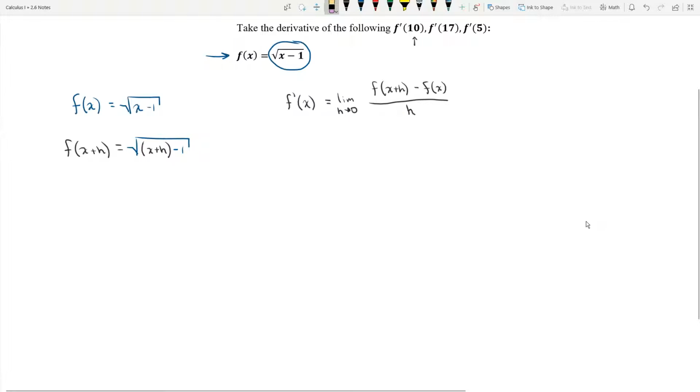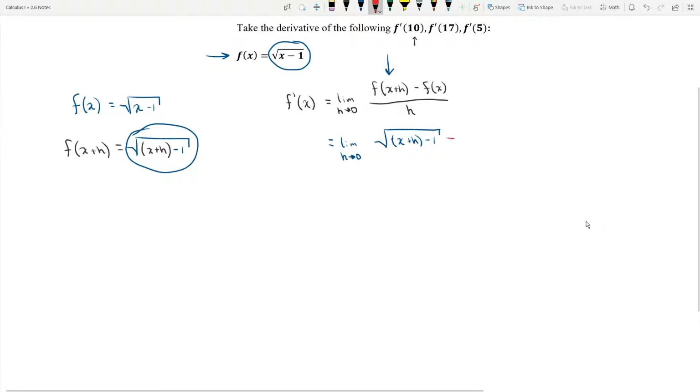So that is the goal. That's the objective. From here, we're going to substitute our function f of x plus h for what we just determined it was. So we are going to write the limit as h approaches 0. We'll replace f of x plus h with the square root of x plus h minus 1.